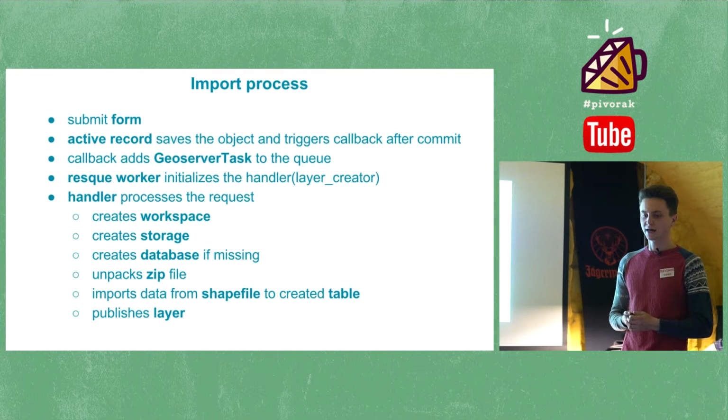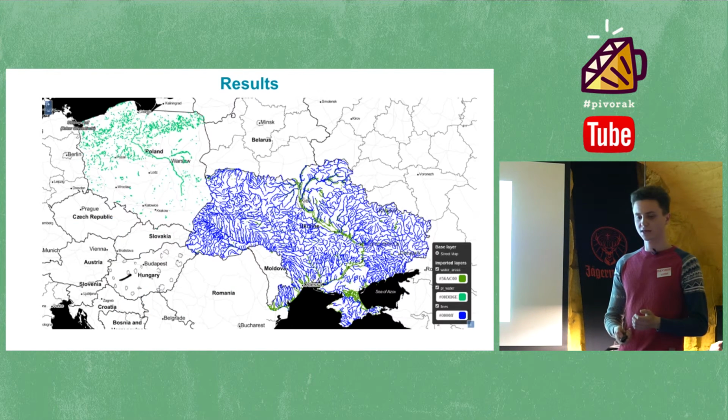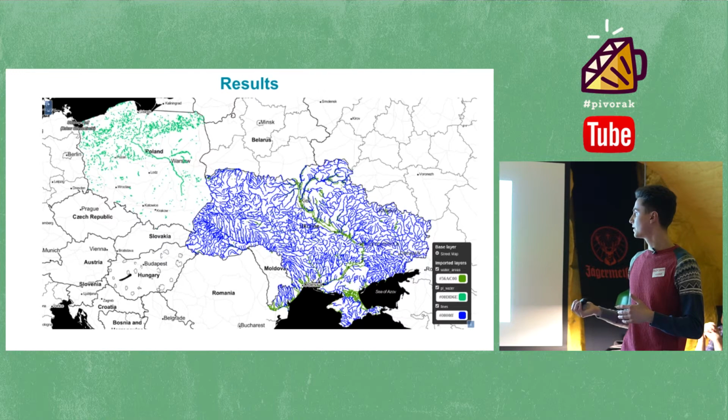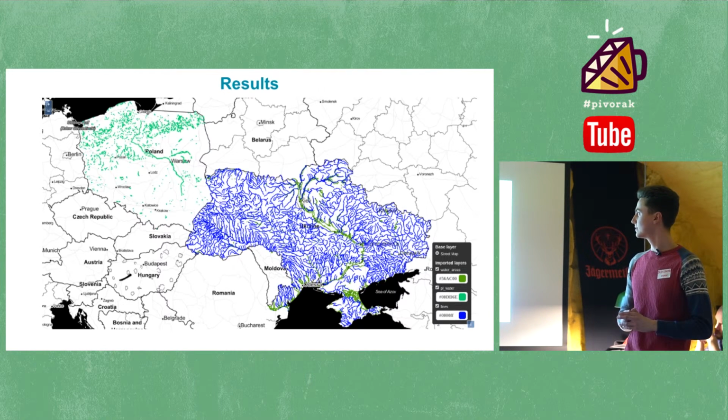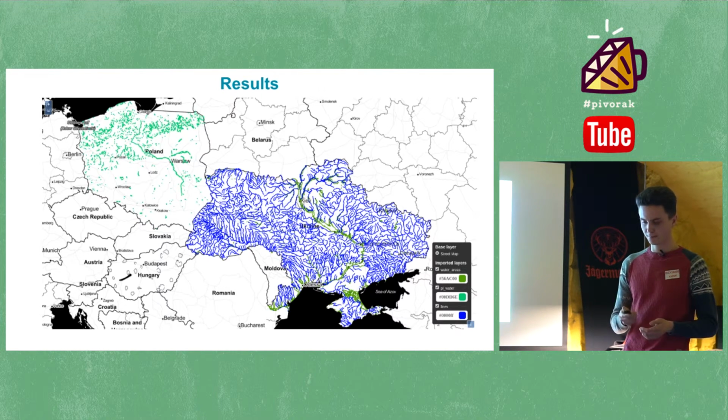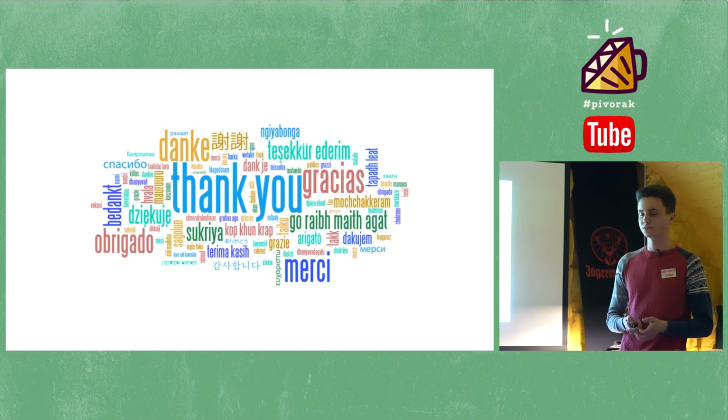That callback adds a task to the queue, and the handler then processes the request and, using the communicator, creates all needed components. So with that, on the user end, we use OpenLayers to create the map itself, and in our case, 3 different layers. So that's it.